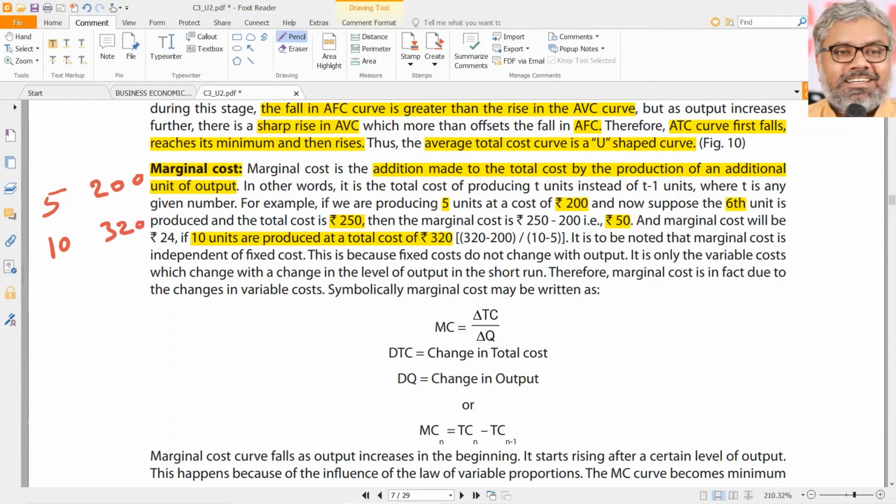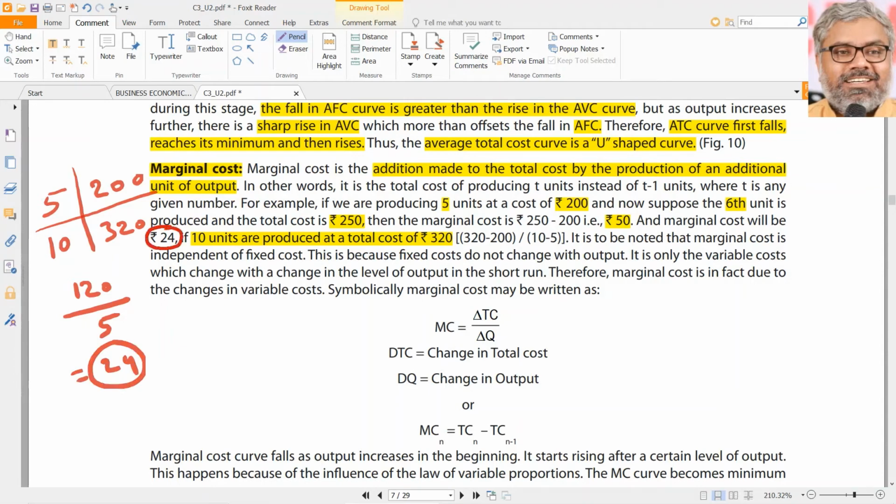Now, how do we find the marginal cost? The formula is difference in cost divided by difference in output, or difference in level of activity. What is the difference in cost? 320 minus 200, that is 120, divided by the difference in level of activity, 10 minus 5, that is 5. So the marginal cost in that case is 24 rupees.